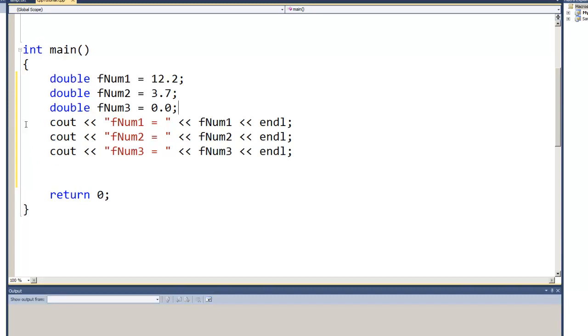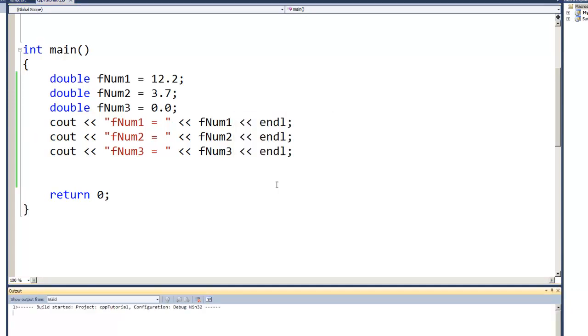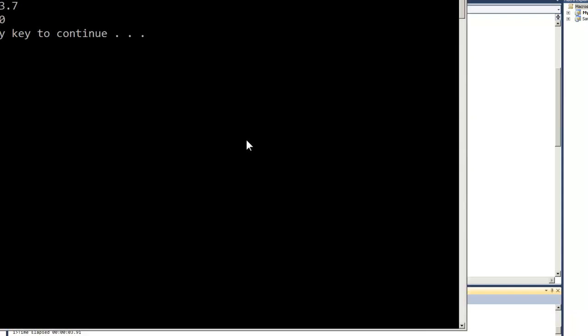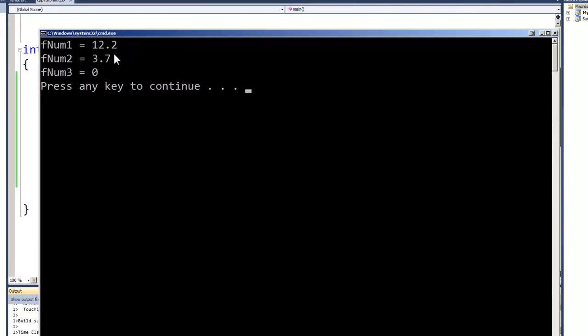We've typed the numbers in, given them a constant value, and now we're just going to output them. So we should expect to see those numbers displayed as is. And here we go, that's what we're seeing: 12.2, 3.7, and 0. Nothing that we didn't expect there.